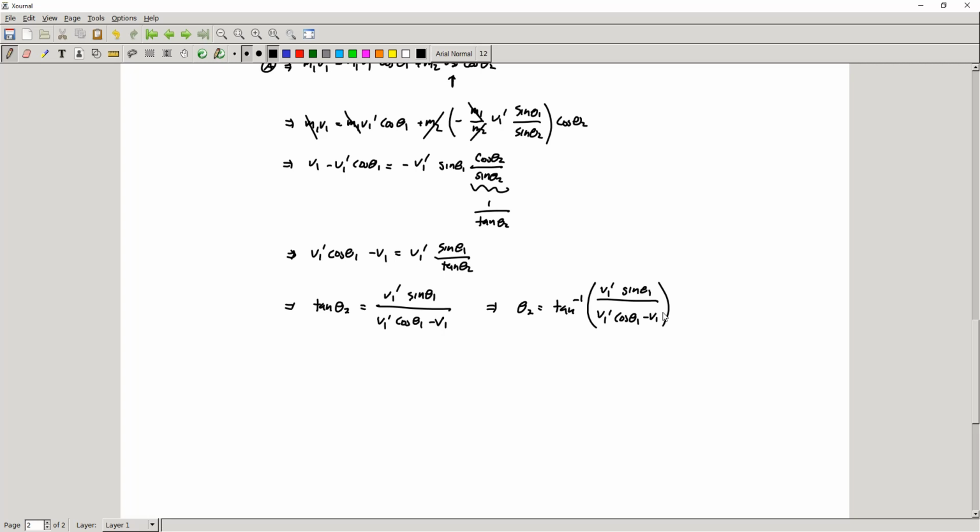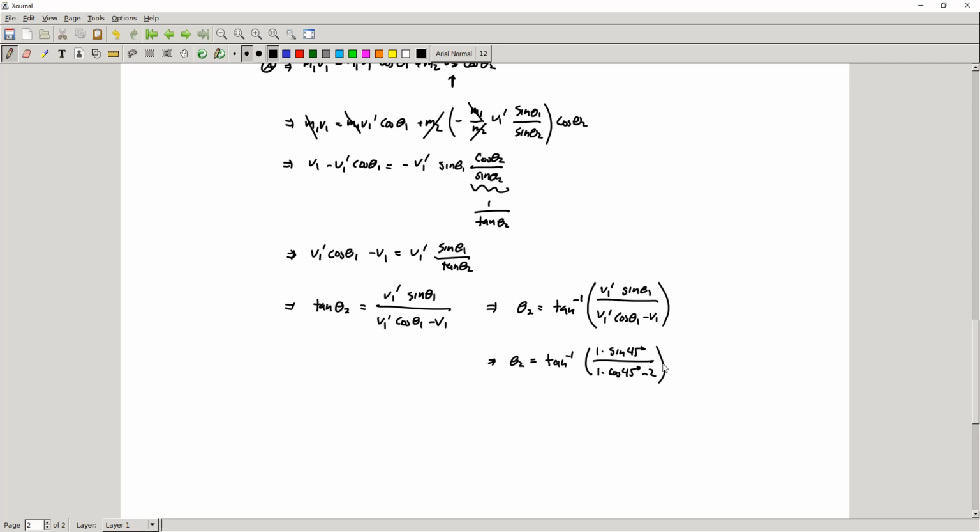We know what these all are, so let's do that. Theta 2 is going to be equal to the inverse tan of 1 times sine of 45 degrees over 1 times cos 45 degrees minus 2.